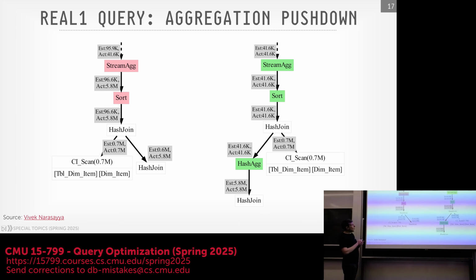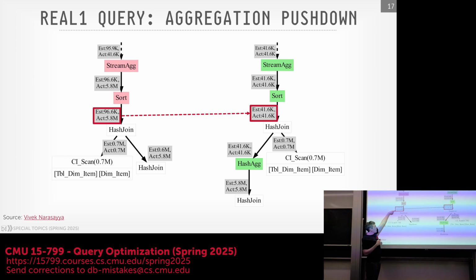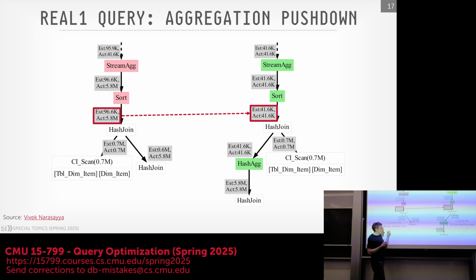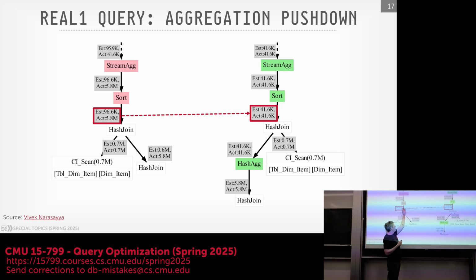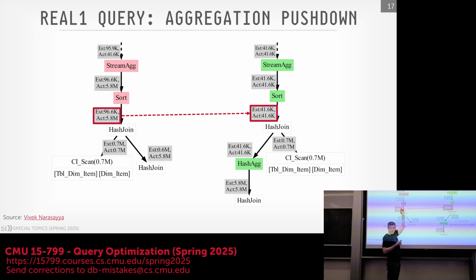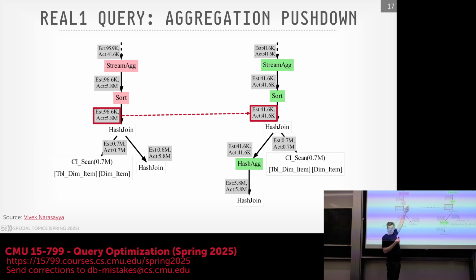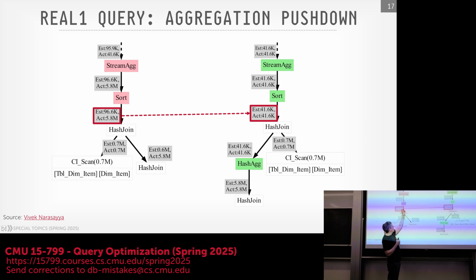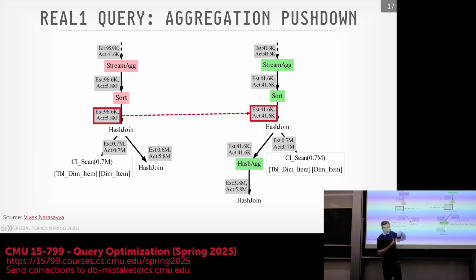What you can see is that over here, we thought we were going to get 96,000 tuples coming out of this hash join, but in actuality, we got 5.8 million. So SQL Server is way underestimating the number of tuples that qualify for this join predicate. But with the true statistics, we would recognize that we can condense this down when I do my aggregation, going from 5.8 million to, what is that, 41,000.